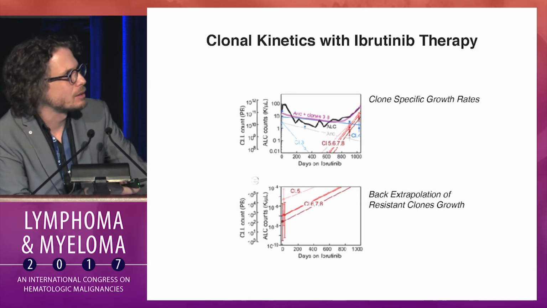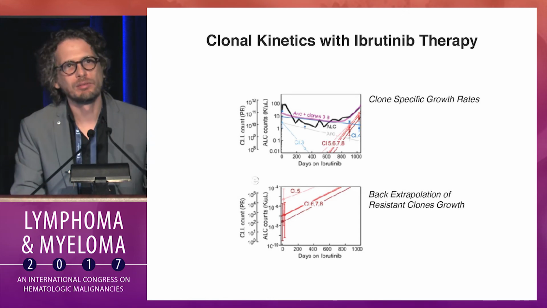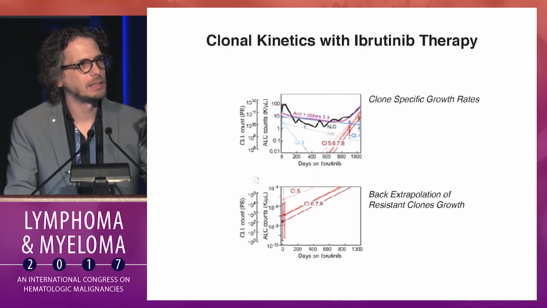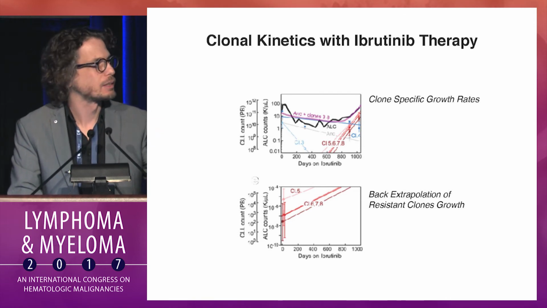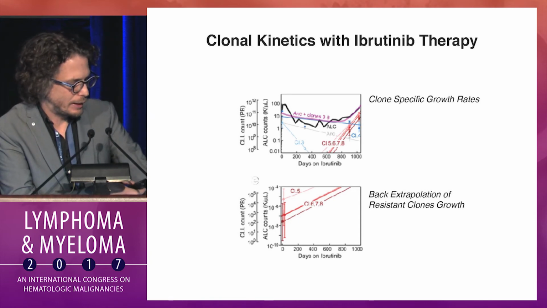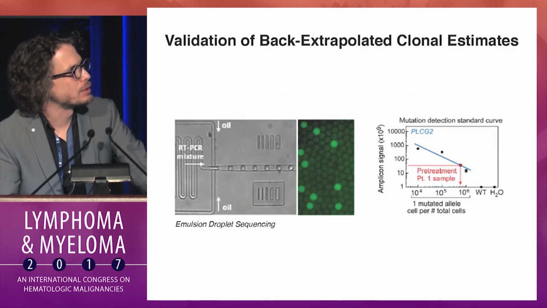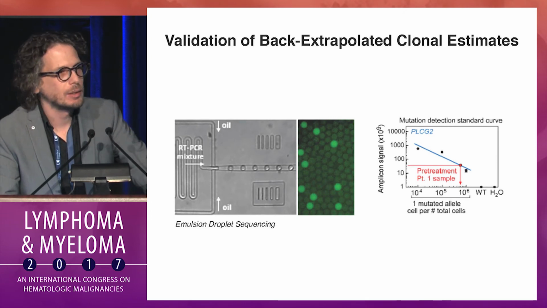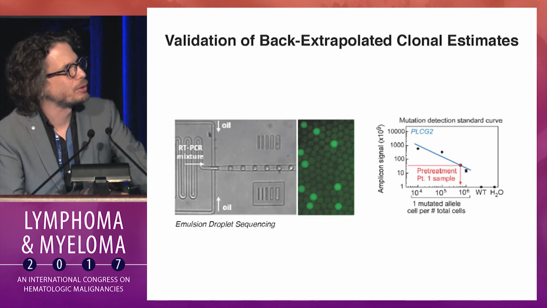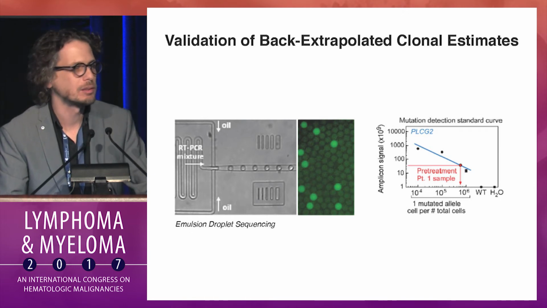And we came up with estimates in this particular patient that ranged from a frequency of 1 in 1 million cells to 1 in 500,000 cells already containing the PLC gamma 2 mutations. We then tried to validate those predictions experimentally, using a highly sensitive sequencing method based on emulsion droplet sequencing that allows us to screen through millions of individual CLL cells and ask where those resistance variants are.